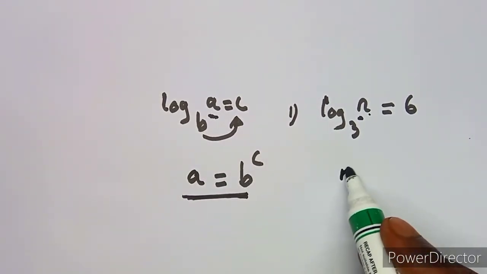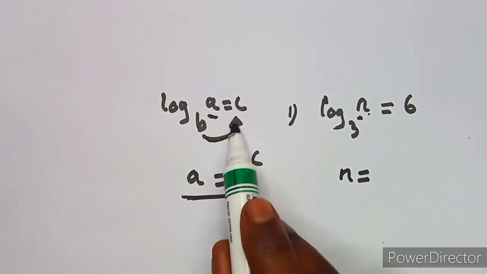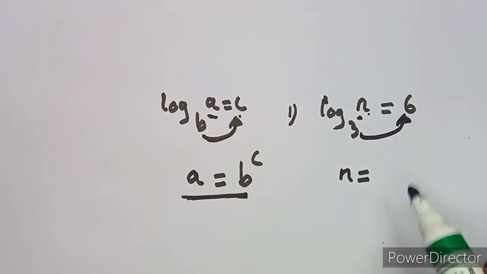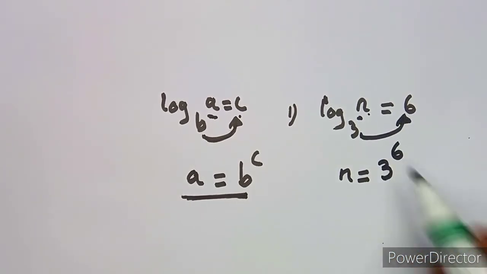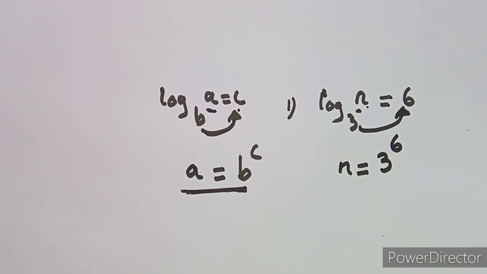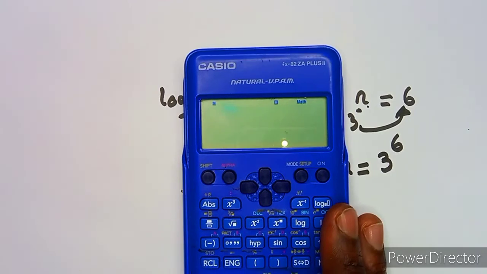So n is equal to the base to the exponent of c. So this is your base 3 to the exponent of the answer, which is 6. So your n is going to be 3 to the exponent of 6, and this part you can just use your calculator to simplify.